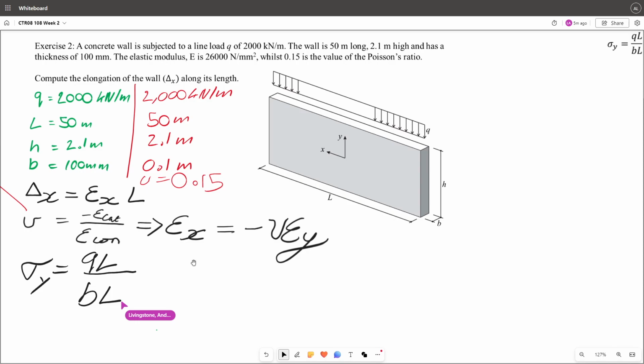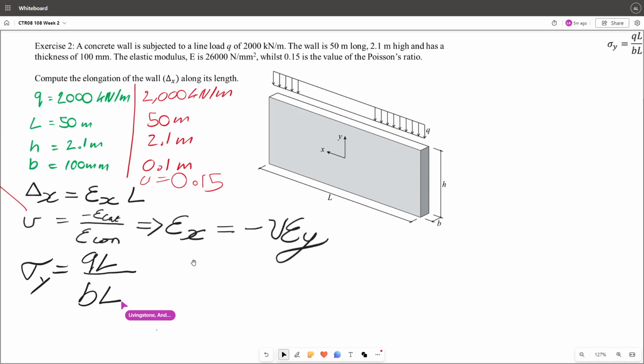So Q is my linear load, times L, which is the length, divided by the breadth times L. So that's the stress in the y direction.